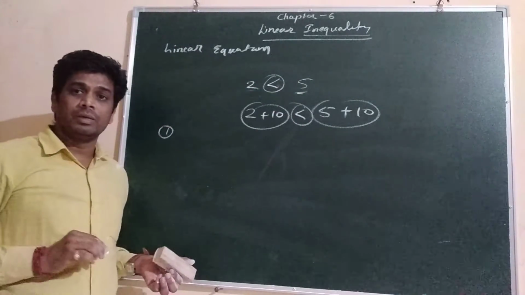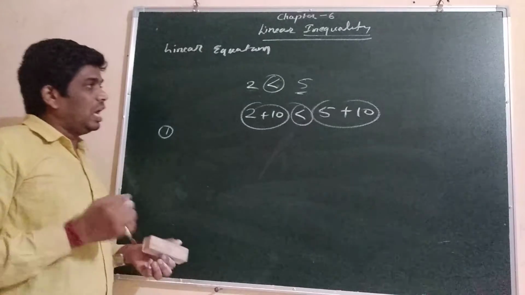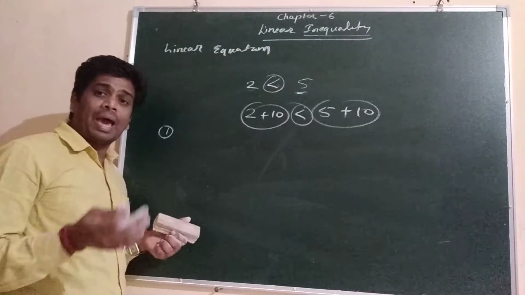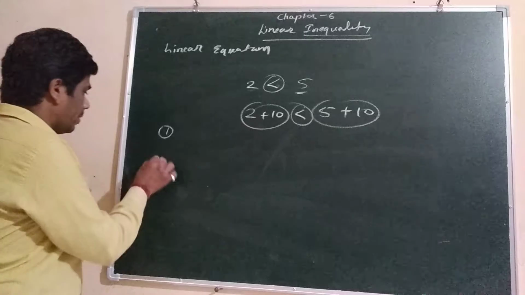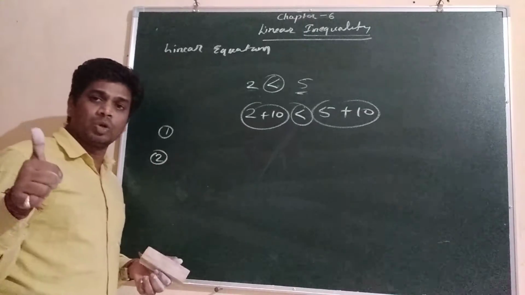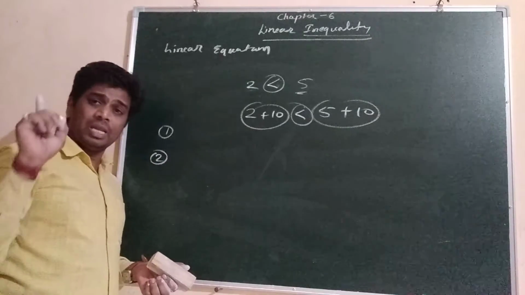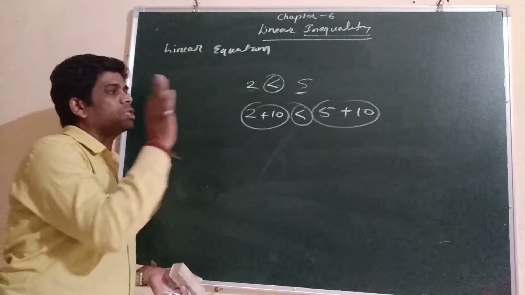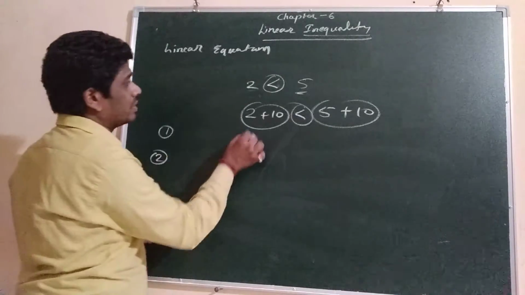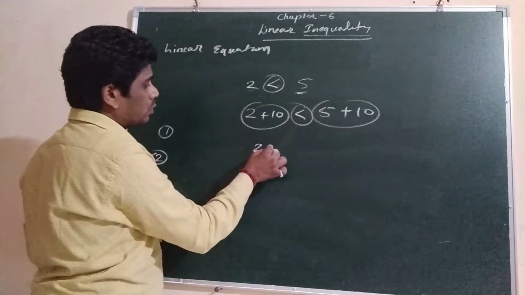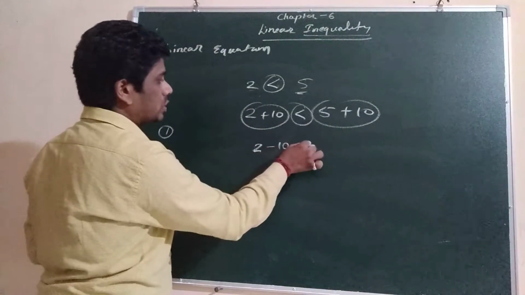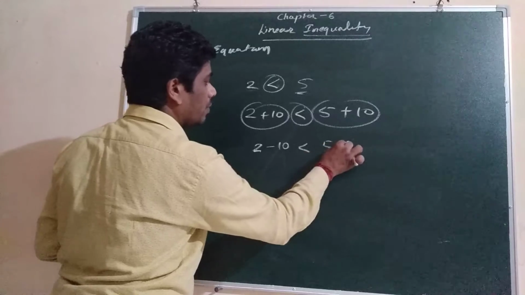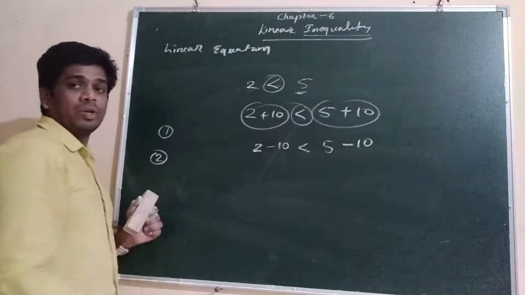But if we multiply, that will be our second point. First, what is the first rule? Any value can be added or subtracted. We can subtract even. Suppose it is 2 and we subtract 10 from both sides, then the result will still be less than only.